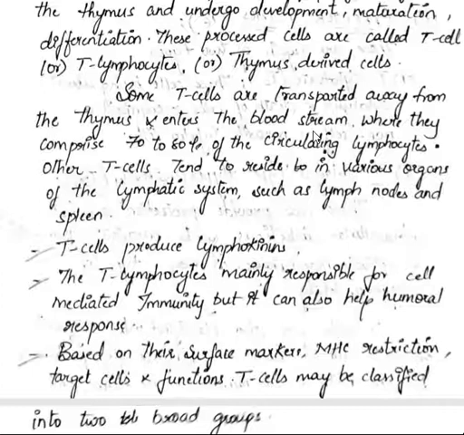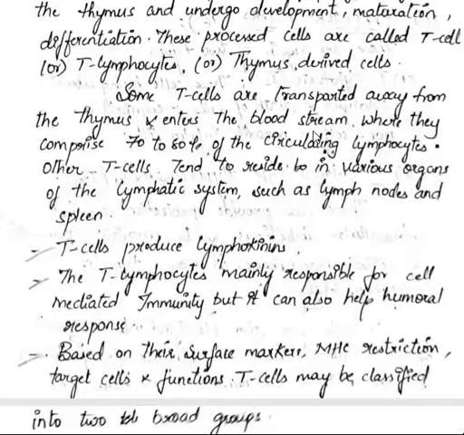Other T cells tend to reside in various organs of the lymphatic system, such as lymph nodes and the spleen. So that means, for example, if 100% of the T lymphocytes were produced, 70 to 80% are going to have a duty in the blood circulation, so that they can monitor things throughout the circulation.